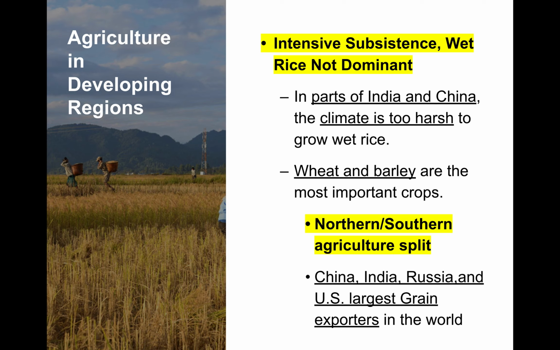When we look at non-dominant rice, it's the interior of India, northeast China, crops other than rice. So we're looking at the main traded crop in the world, which is wheat, the grain of wheat, and some other crops are sold for cash like cotton, flax, hemp, and tobacco.